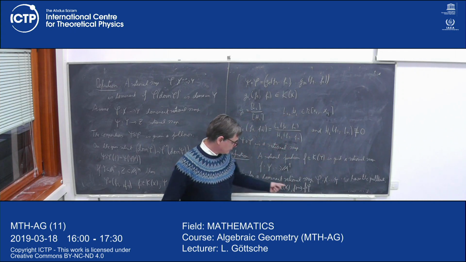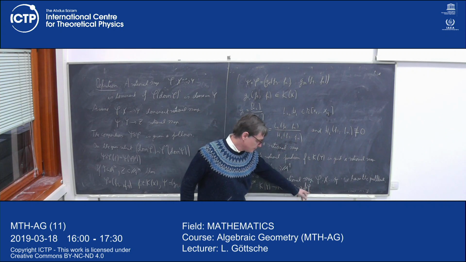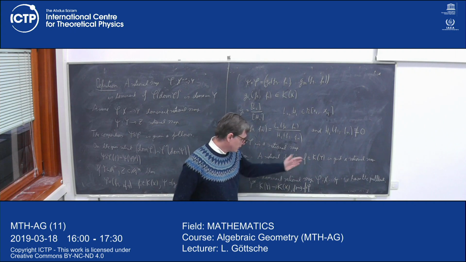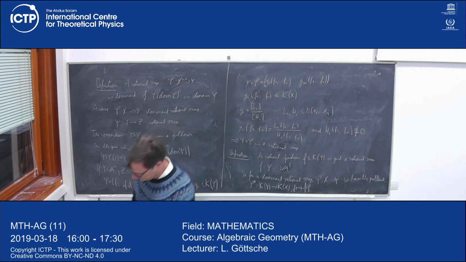And if f was a rational map and phi a dominant rational map, this is also a rational map from x to A1, so a rational function.